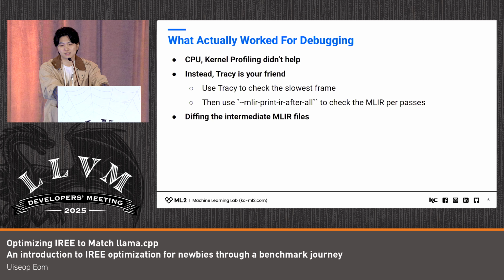Diffing the intermediate MLIR files was the only way to actually see what happened to the MLIR between the optimizations, which was kind of hard because you have to read all the text. But I guess that's what you can do as a newbie for MLIR debugging.